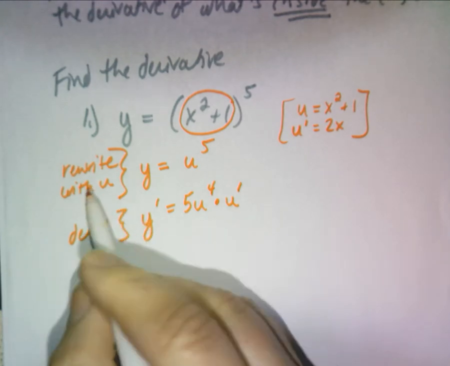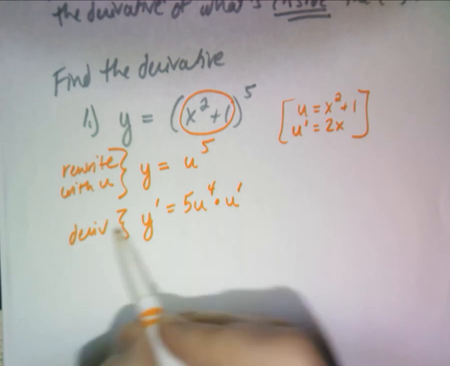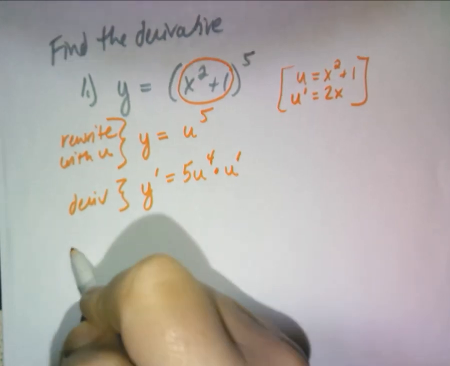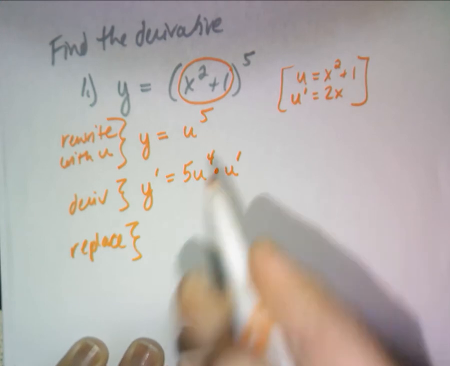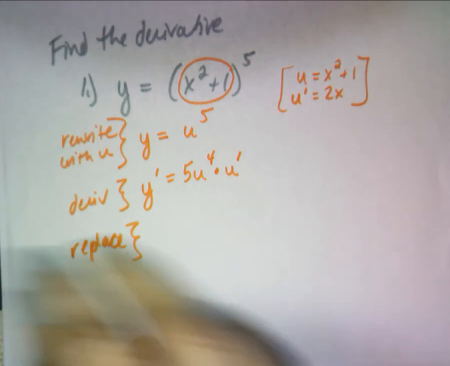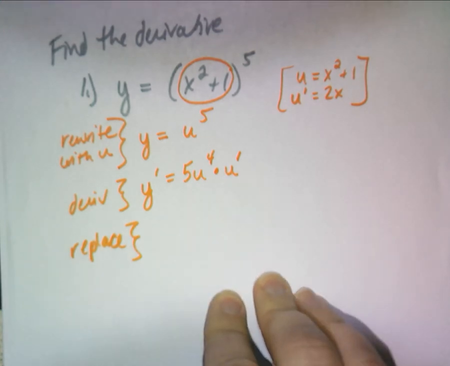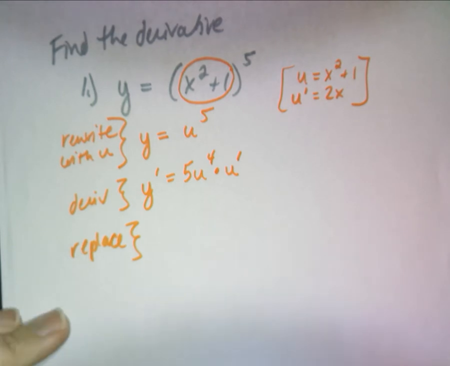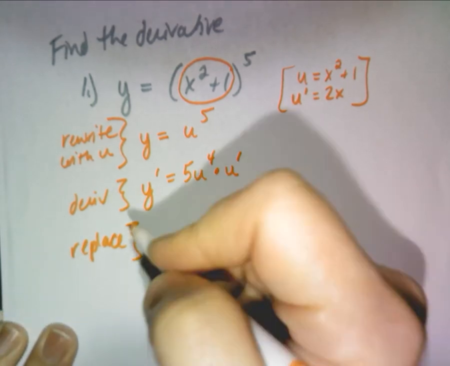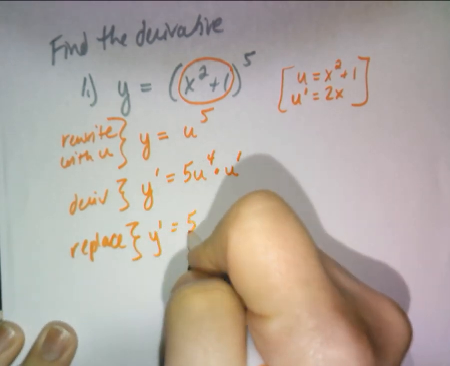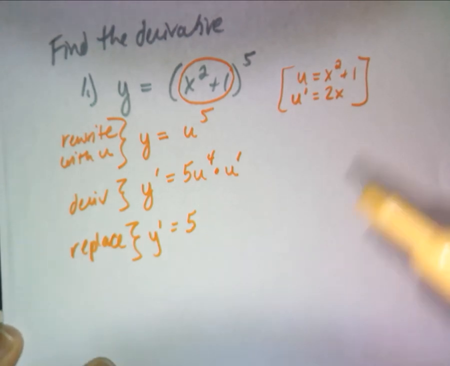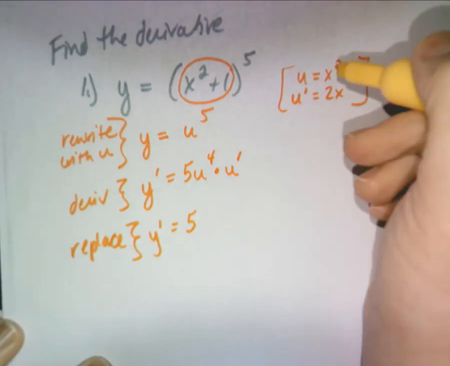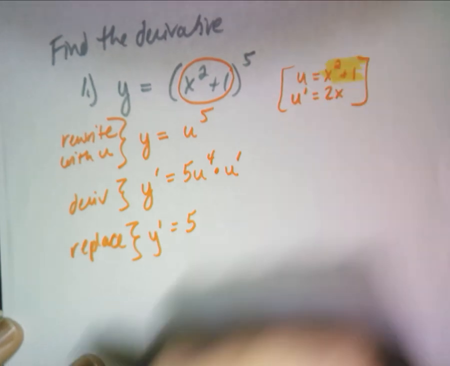Once you do that, you rewrote with the u, you took the derivative, now you replace everything back that you wrote with u. So here's what I mean. I'm going to have 5. Instead of writing u again, I'm going to replace u with this up here, x squared plus 1.